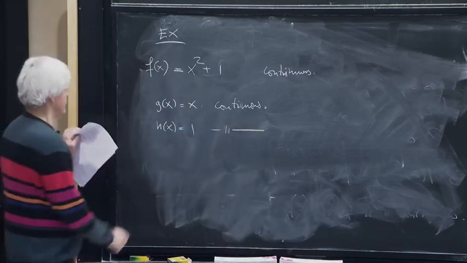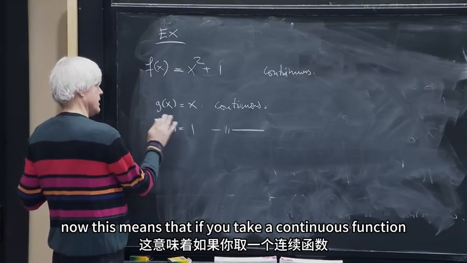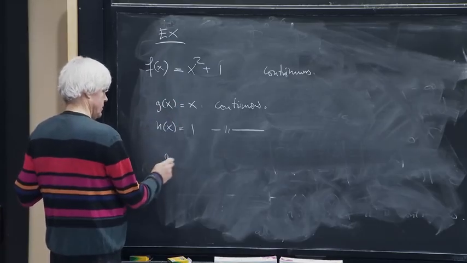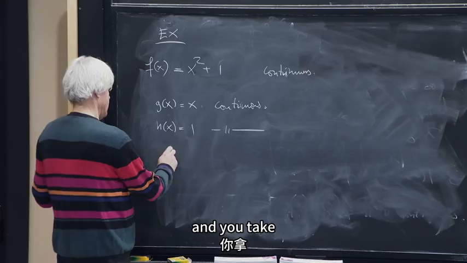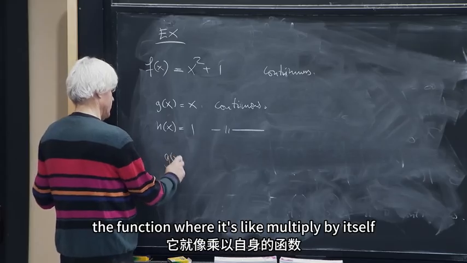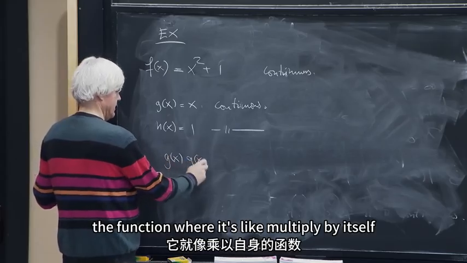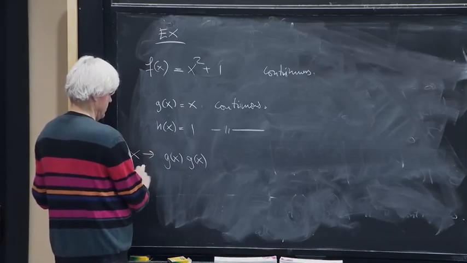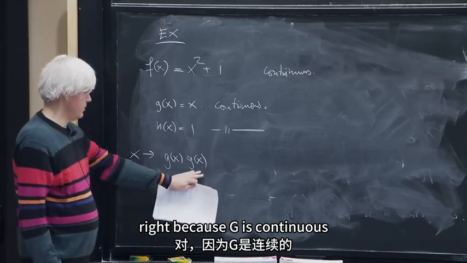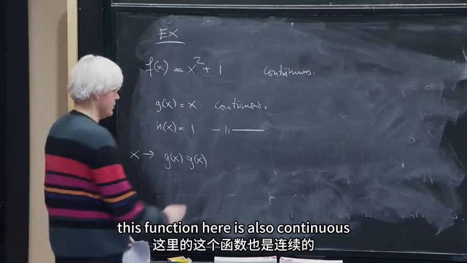Now, this means that if you take a continuous function, by rule 3 or something like that, and you take the function multiplied by itself, then because g is continuous, this function here is also continuous.